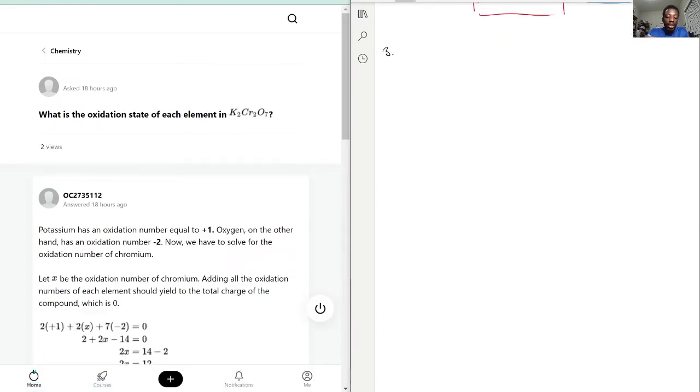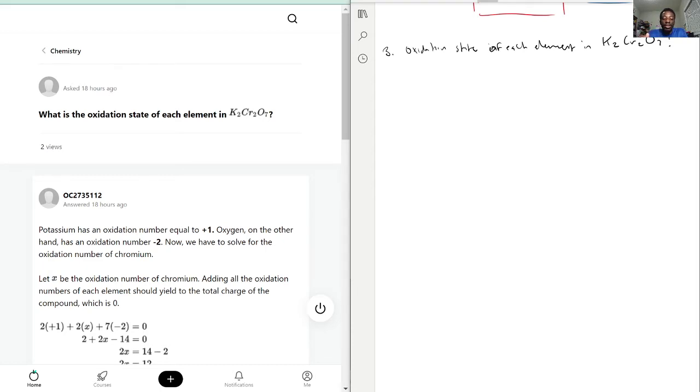What is the oxidation state of each element in K2Cr2O7? So for this one, unfortunately, it does require a bit of memorization, but if it does help, I'll try to break it down as much as possible.